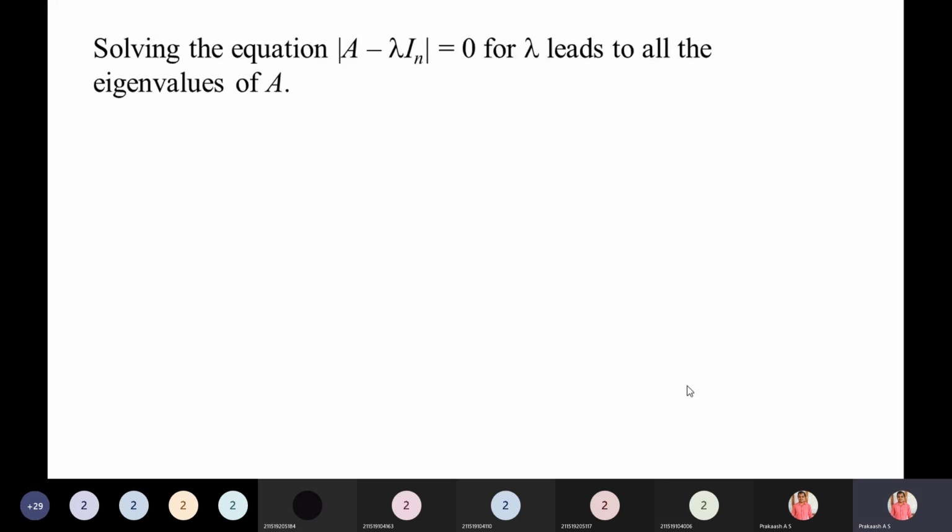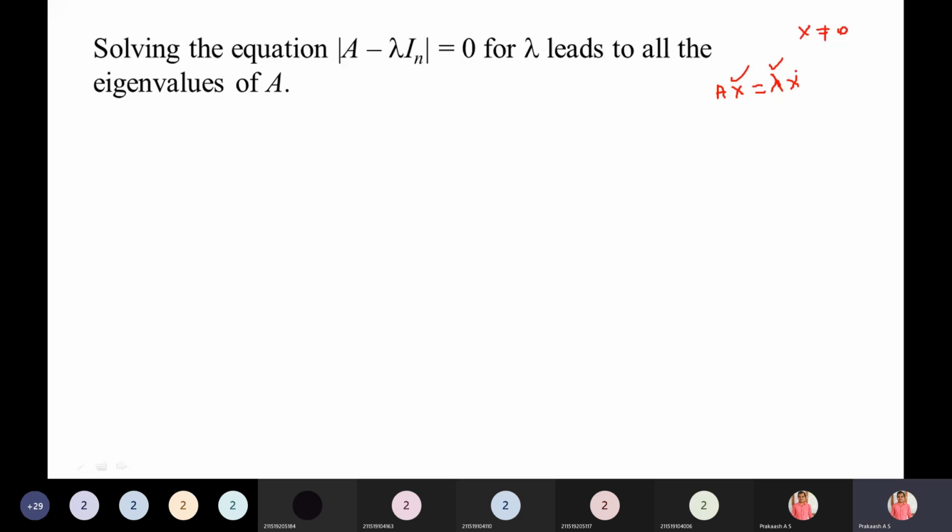Solving the equation: determinant of A minus lambda I equal to 0. How am I getting this? See, Ax equal to lambda x is the definition for both eigenvalue as well as eigenvector. It must be a non-zero vector.